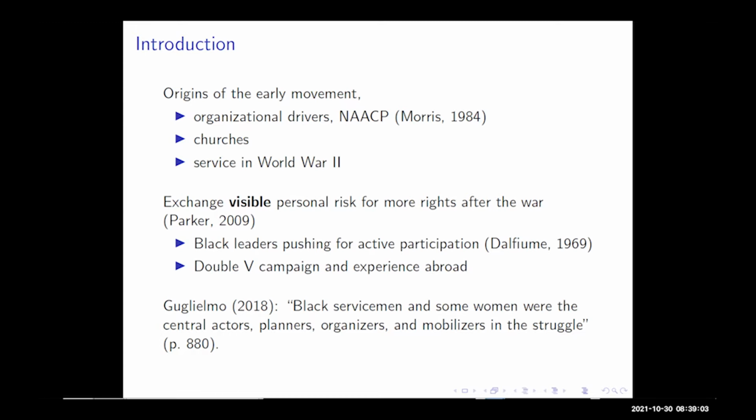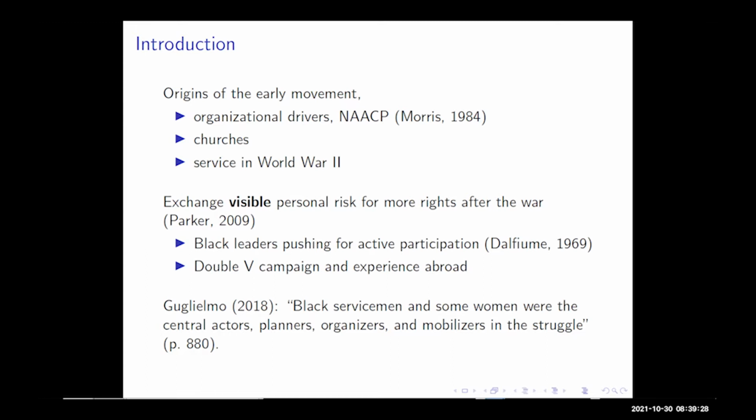But the one factor that we want to study in this paper is service in World War II. The idea is formulated by political scientists such as Parker in 2009. And this is something that Black leaders during World War II pushed a lot for, which is participation in the war.